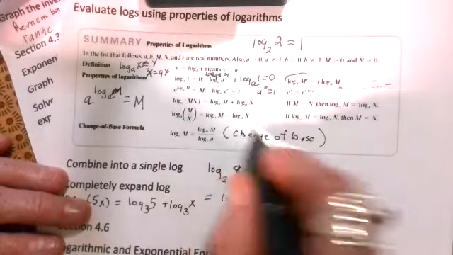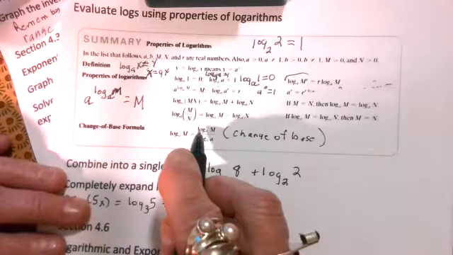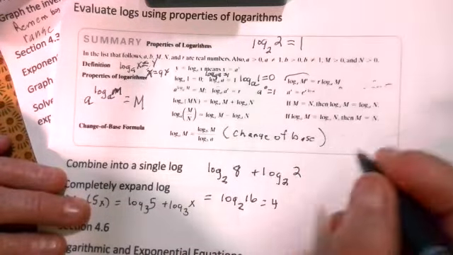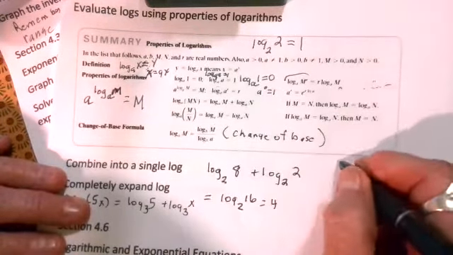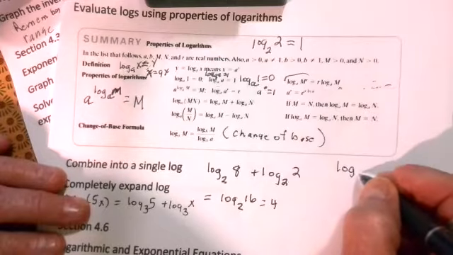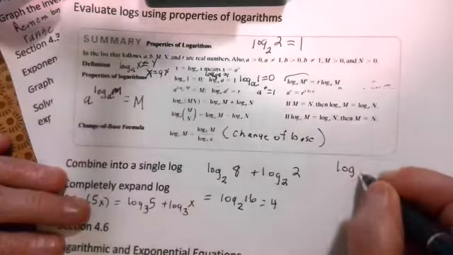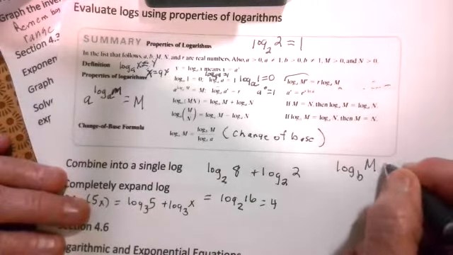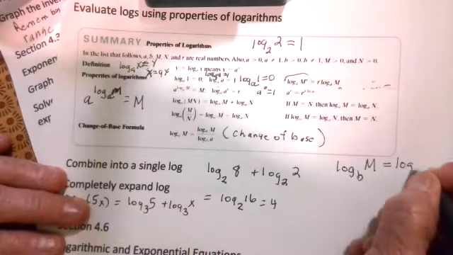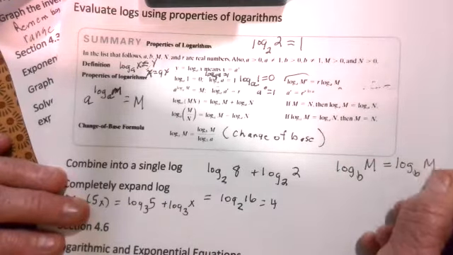The quotient rule is right here. This is the change of base. If your calculator didn't have that log base key, you'd have to do a change of base, and this is the formula to do that.